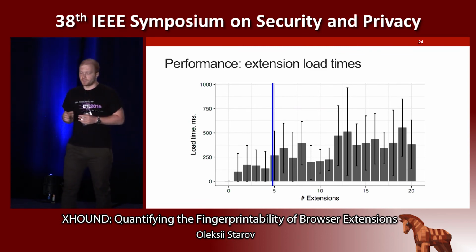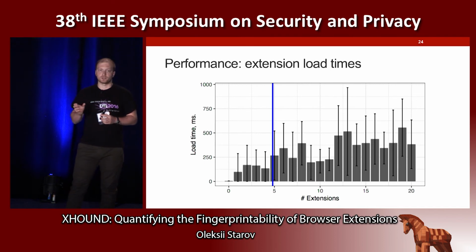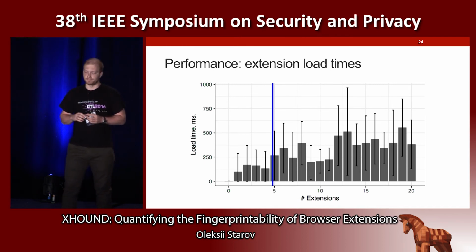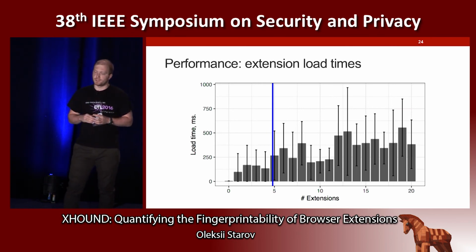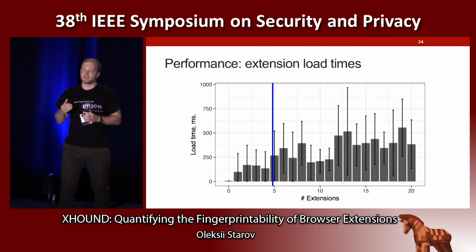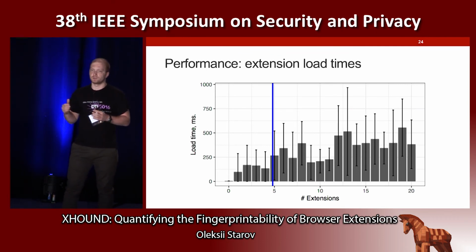And here we analyze the situation for up to 20 extensions simultaneously being present in the user's browser. According to our results, usually users have on average 5 extensions only. But in either case, we see that it's enough to wait less than a second after web page load, so all the modifications are introduced and detected by XHound.